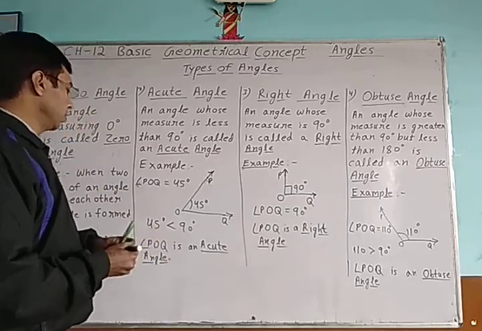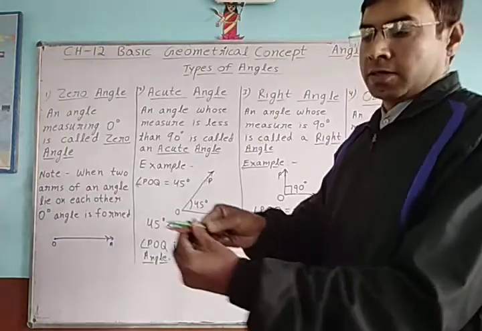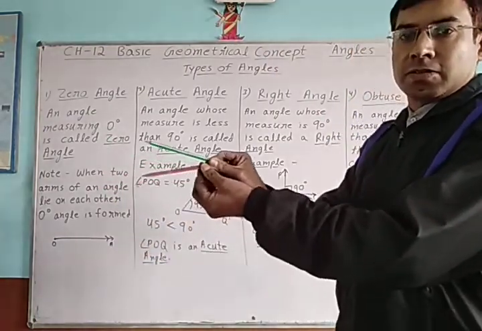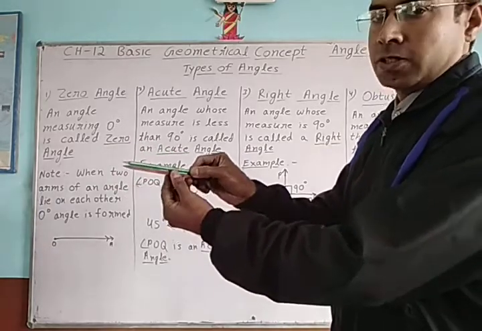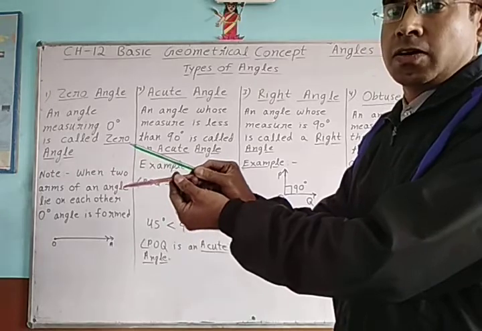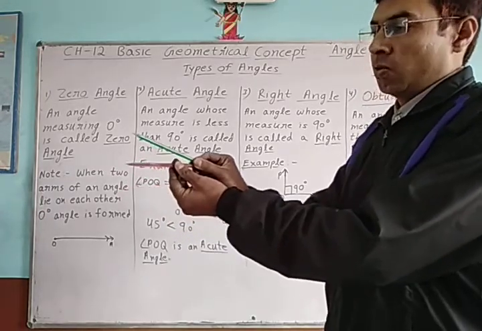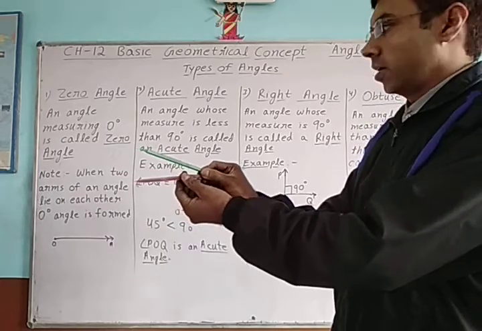So angle POQ is what? It is an acute angle. See, it is making an acute angle. Clear? It was a zero angle. Now an angle whose measure is less than 90 degree is an acute angle.